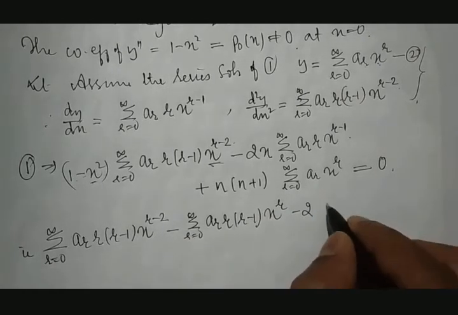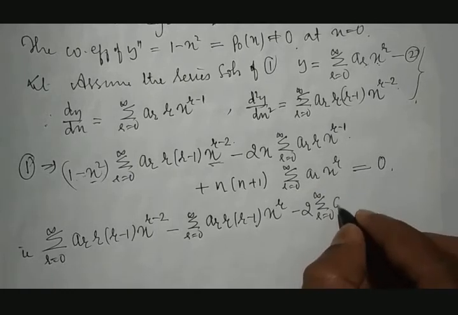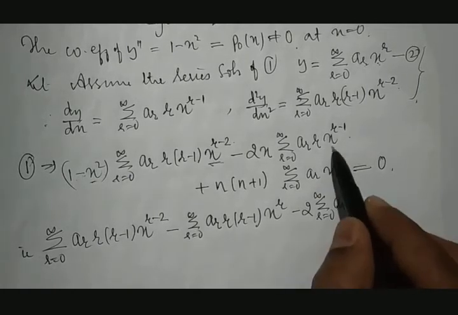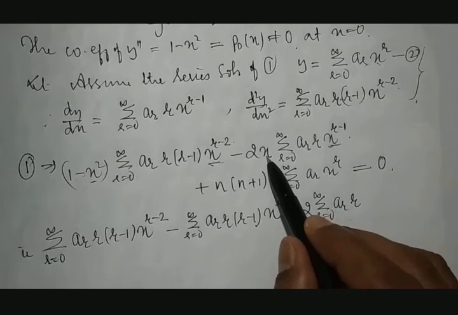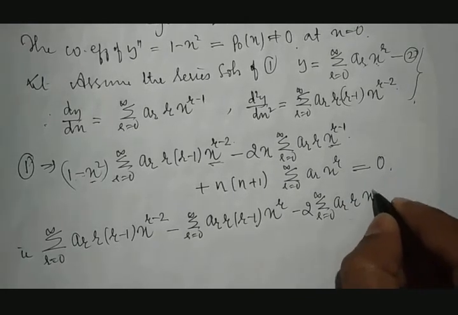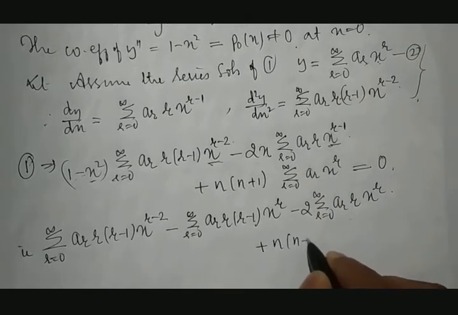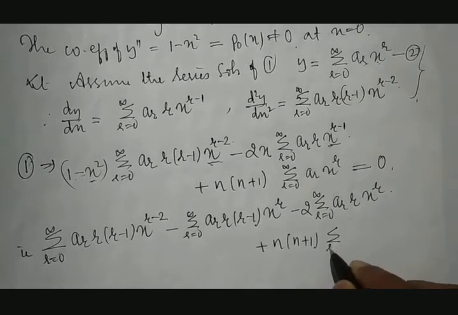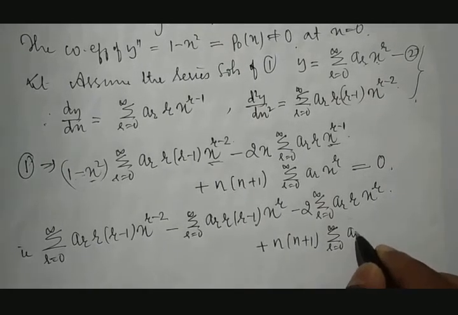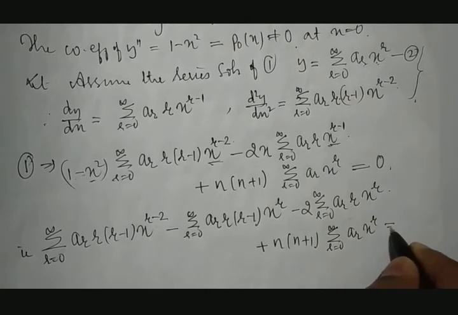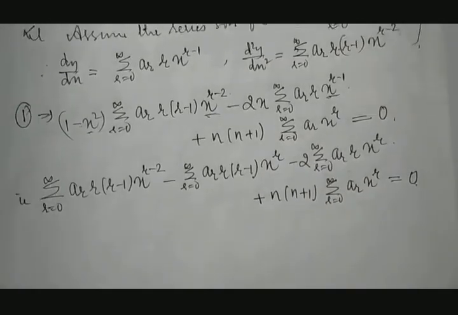Minus 2 times summation from r equal to 0 to infinity a_r r x^(r-1) into x, so it becomes x^r. Plus n(n+1) of summation from r equal to 0 to infinity a_r x^r, equal to 0.